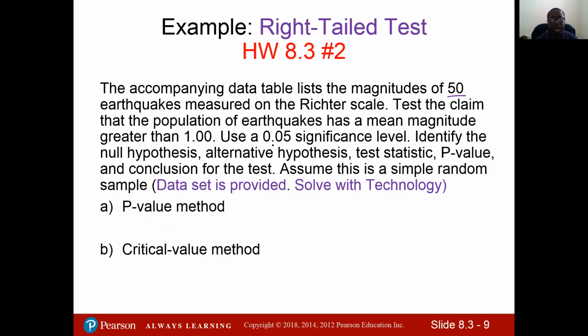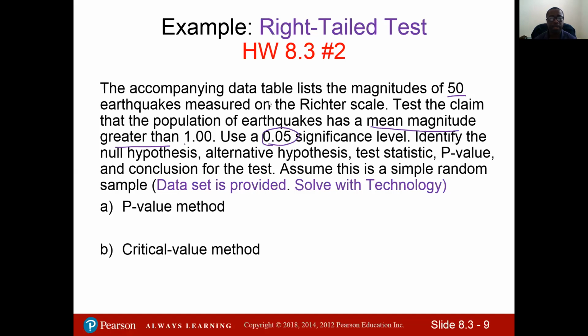My alpha is 5%. The claim is that the mean magnitude is greater than 1.00. This is the data that we're going to look at, and I'm going to use that data set to do the same thing using StatCrunch.